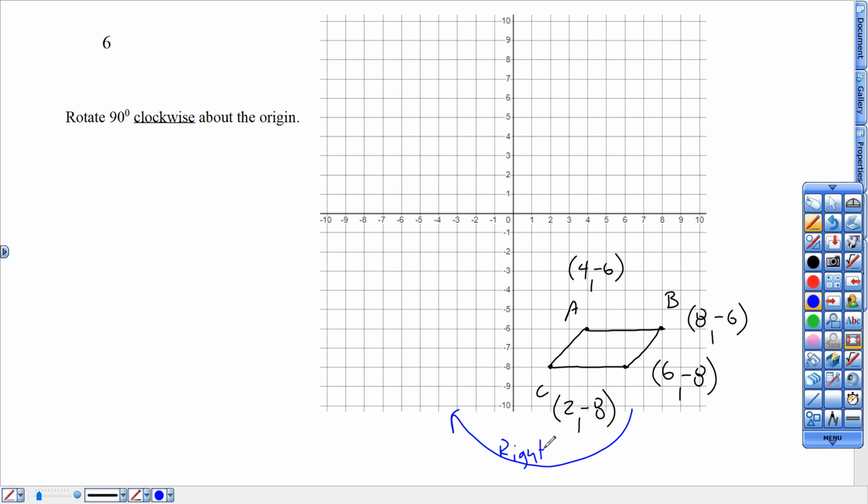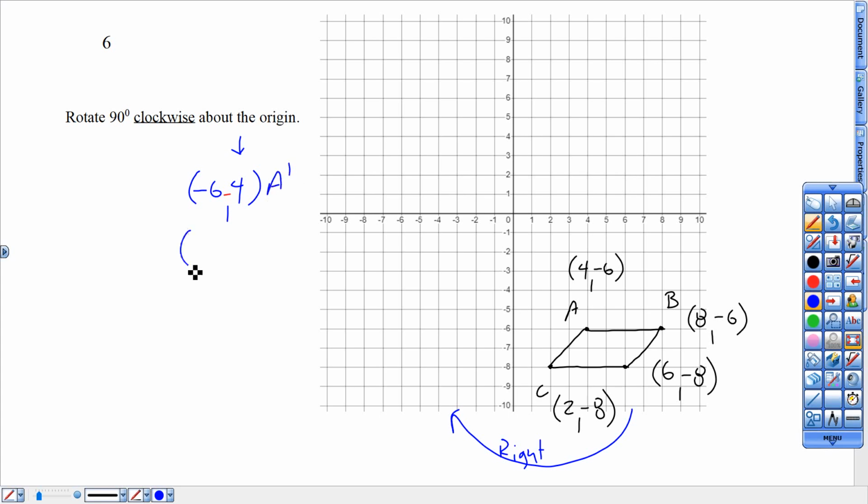So what I could do is maybe just list them. 4, negative 6 becomes negative 6, 4. And then since I'm turning to the right, after I flip it like that, I make that right one negative. So that's going to turn to 6, negative 4. That's going to be the new A prime.